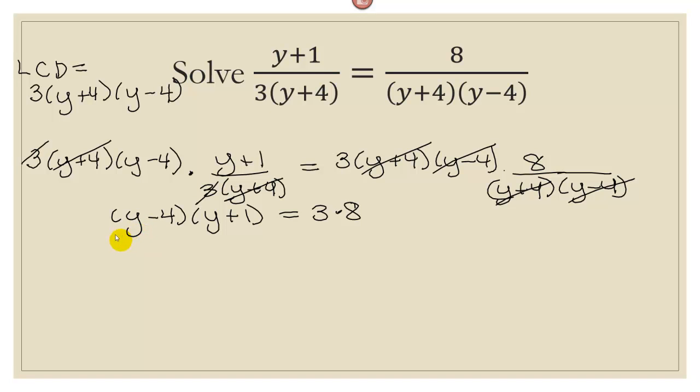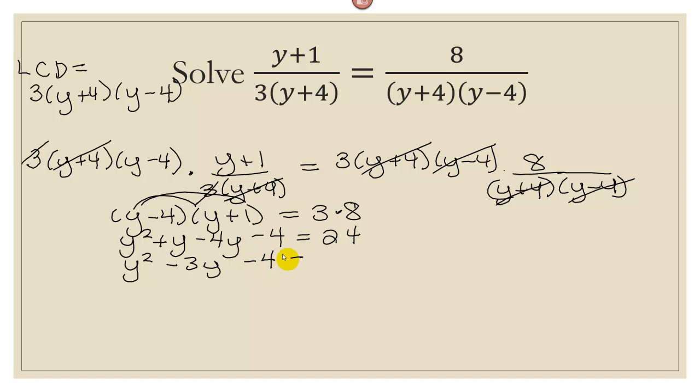Okay, so using FOIL, multiplying the firsts gives you y squared, multiplying the outers gives you just y, multiplying the inners is minus 4y, and multiplying the lasts gives you minus 4. And all this has to equal 24. Okay, continuing along with the simplification, we have just y squared minus 3y minus 4 equals 24.